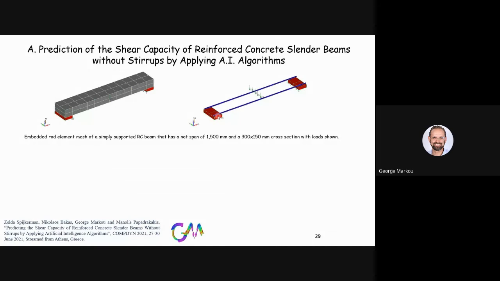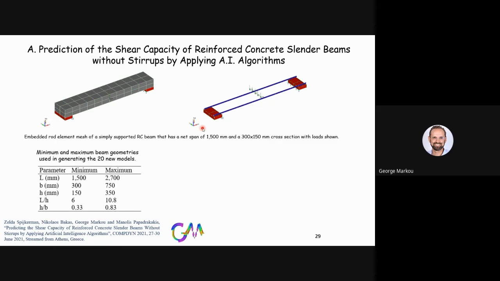Now, this project that I'm going to show you here has as a goal to predict the shear capacity of reinforced concrete slender beams without stirrups. So you can see there the mesh of one of the models that were used. We use here 20-noded hexahedral elements, and we used, of course, the embedded rebars for the reinforcement.